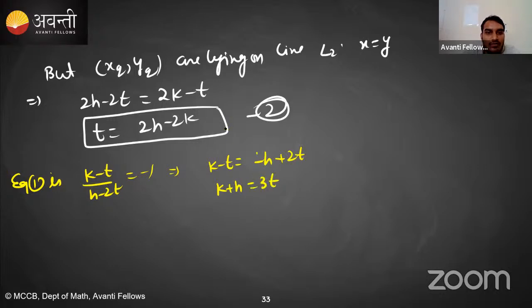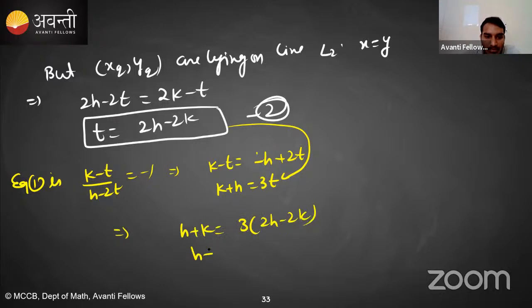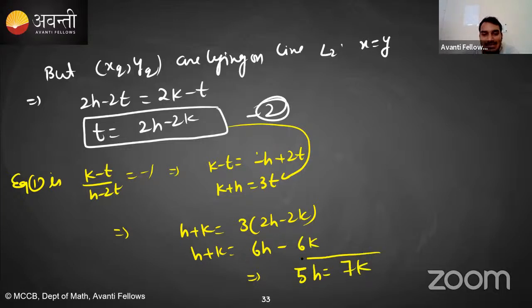Now put the value of t from equation 2 into this. So you will get h + k is equal to 3 times (2h - 2k). So h + k is 6h - 6k. So it implies 5h is equal to 7k. So now this is the locus, right?